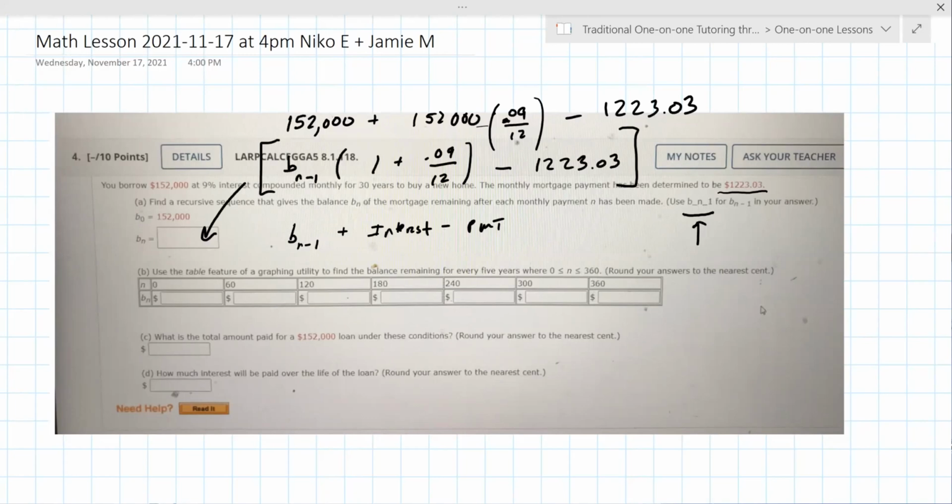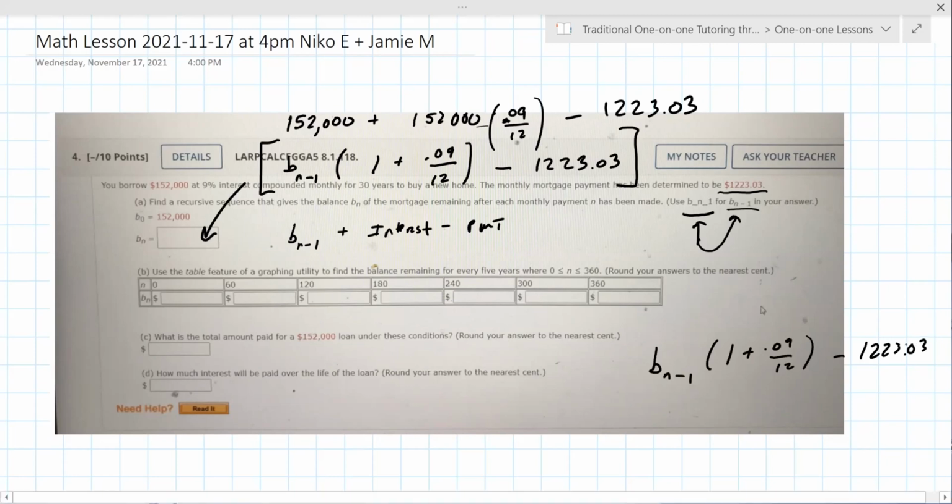It makes it like a subscript. It's supposed to. You want it to format as Bn minus 1 plus 0.09 over 12 minus 1223.03. Got it.